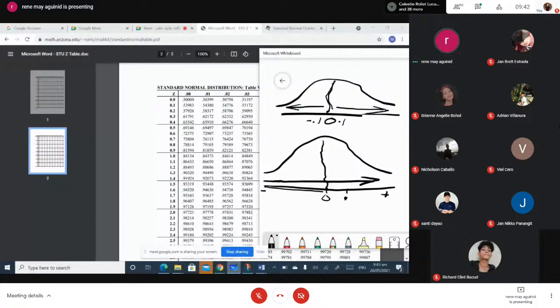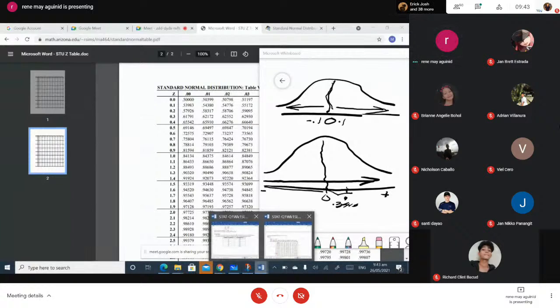It is half already. So you can subtract 0.5, because this is half of our normal distribution curve, which is 0.5. So what we need to find is 0.4, 3, 4, 1, 3. Okay, so we got it. Back to our problem.